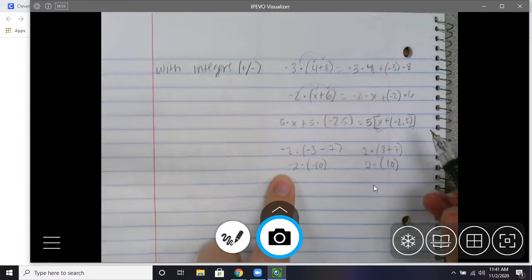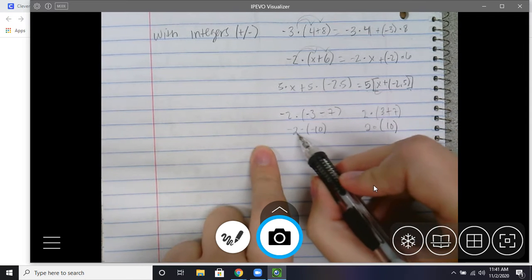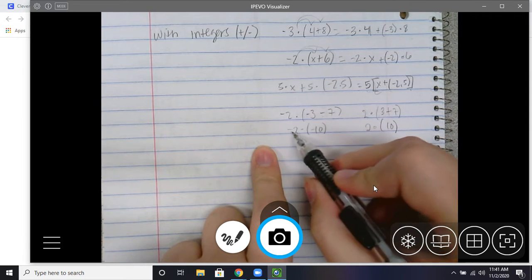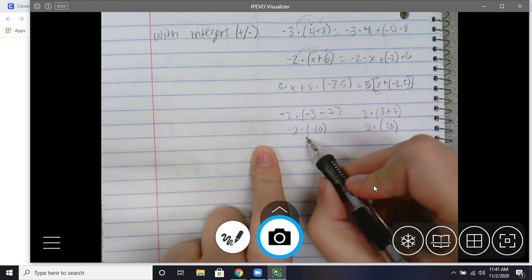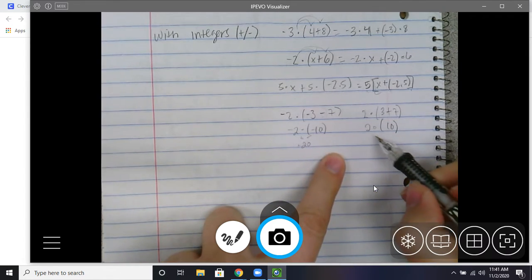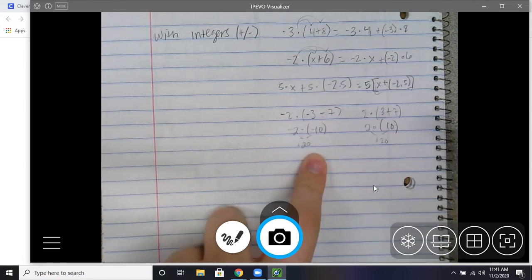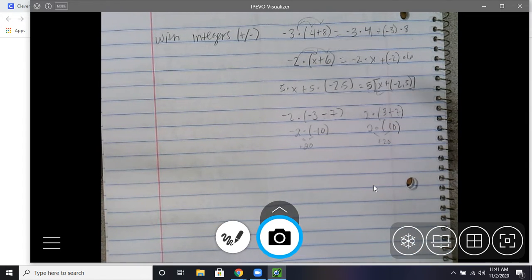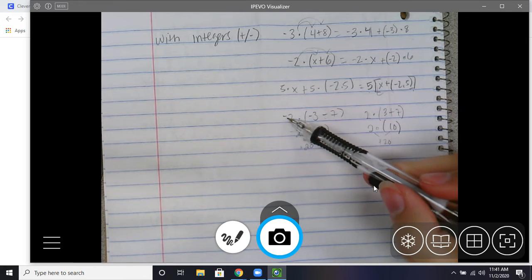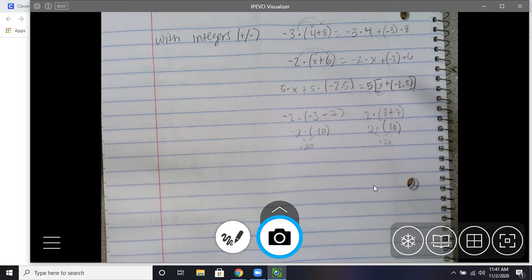And then you have negative 2 times negative 10. We know two negatives make a positive. So this is going to turn into positive 20. And then because these are both positive, it's going to be positive 20. I think it's important here to recognize that there's a negative here and negative, that like this is going to be negative.